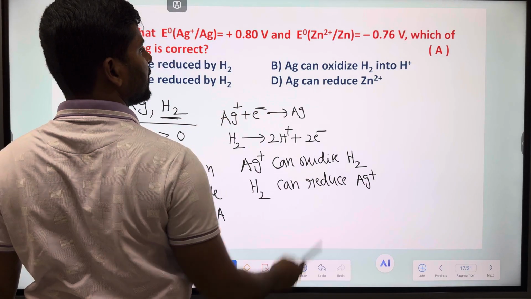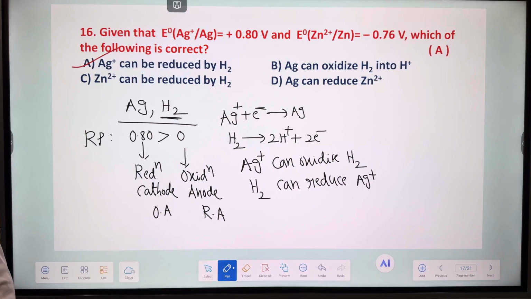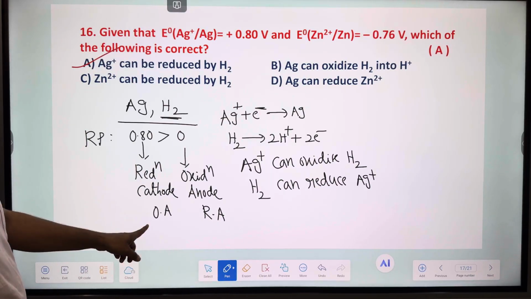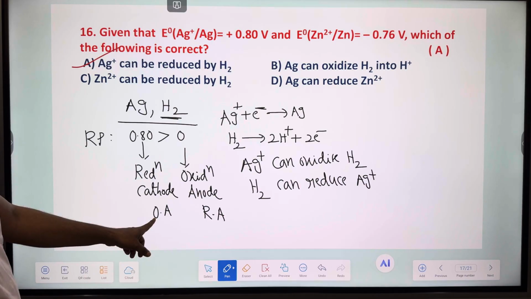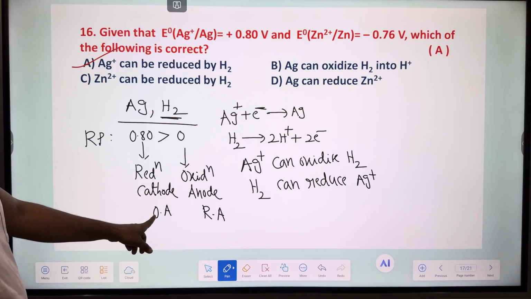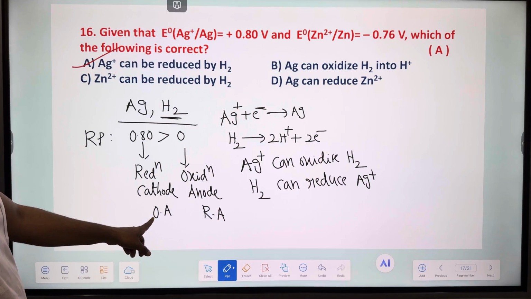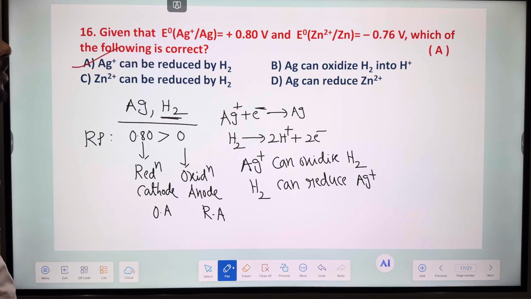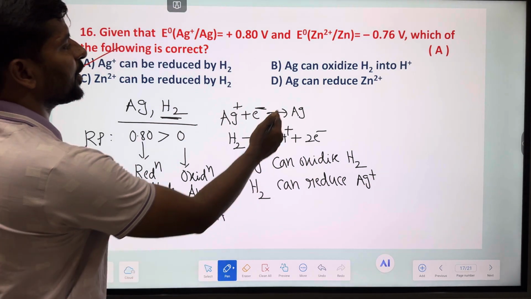Whether Ag can oxidize H2 to H+, no. Whether Ag is an oxidizing agent. Silver is an oxidizing agent. So silver can oxidize, right? What is the mistake here?